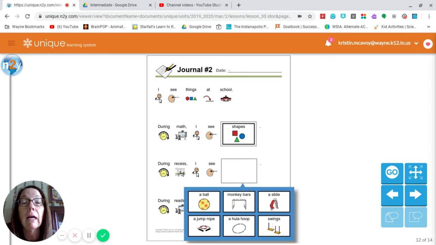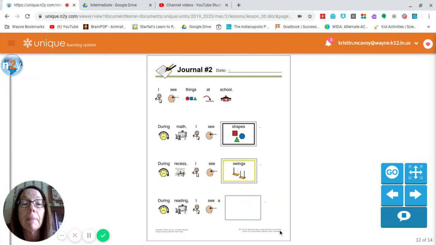I think I'm going to choose swings. Swings. And again, you can choose anything you want, or if you want to pick something different, that's fine too.